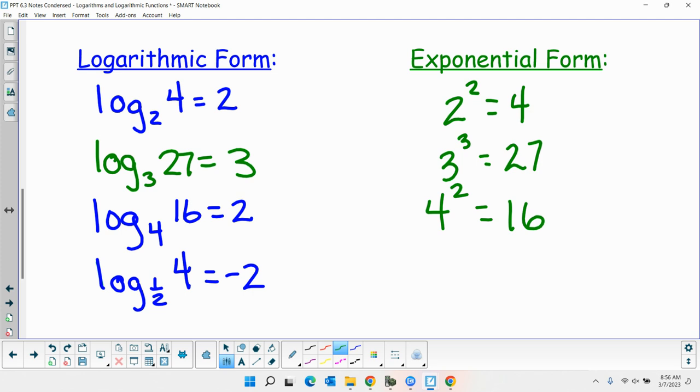Anybody? Nobody, huh? What's the base of my log? 1/2. What's the exponent? Equals the number 4. Okay? So you should be able to do that.